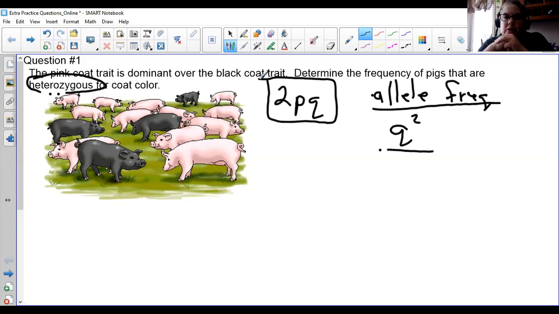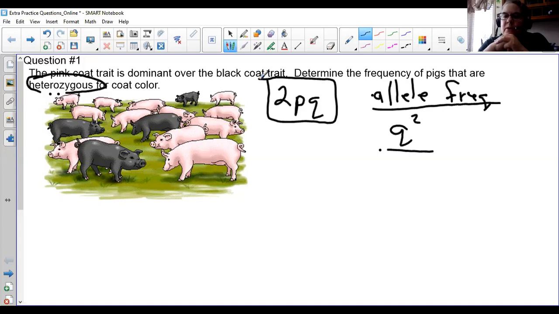I know pink coat is dominant over black coat. Let's take a step back. What does Q squared stand for? Don't all answer at once.